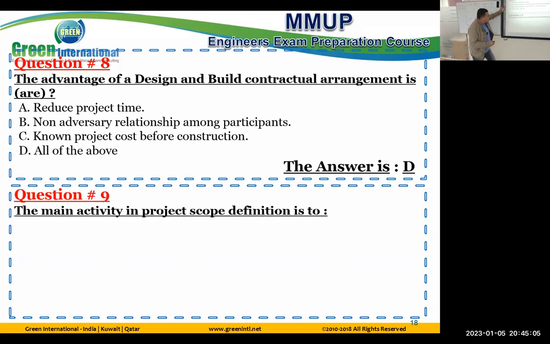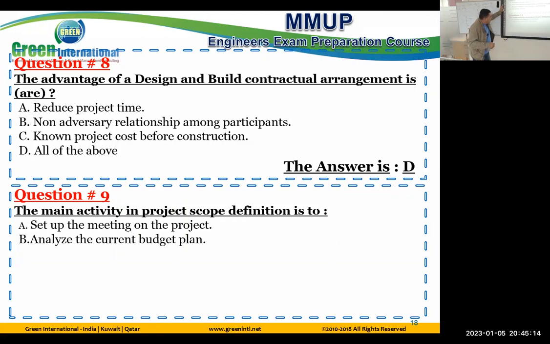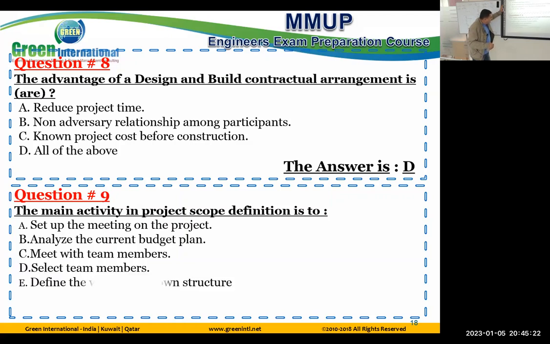Number 9. The main activity in project scope definition is to do what? Set up the meeting on the project, analyze the current budget plan, meet with team members, select team members, define the work breakdown structure. For example, we are working in a scope.